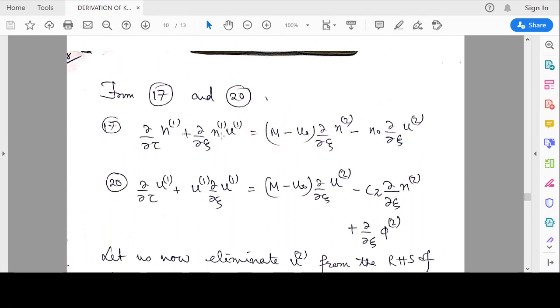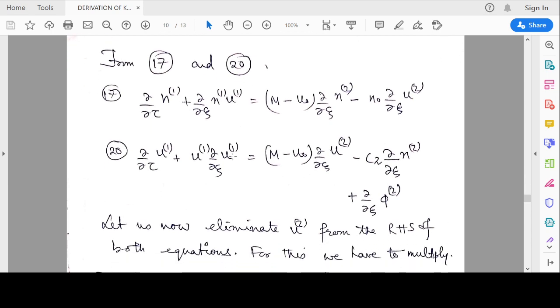Yes, here it was n1 u1 and it is u1 u1. So when you multiply with that phi 1 term or substitute with this phi 1, it becomes del phi del xi, and this becomes some constant times del xi of phi 1 square. So when you differentiate phi 1 square, it gives you 2 phi del phi del xi. So that's the thing.